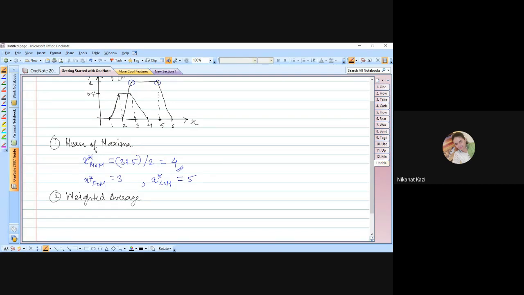Okay. So what is required as part of the computation of weighted average? You first need to compute the areas. No, you do not need to compute the areas. You just need to look at the center of each of the fuzzy sets. Okay, so of this first one, you have to look at the center. Of the second one, you look at the center. And then what you need to do?